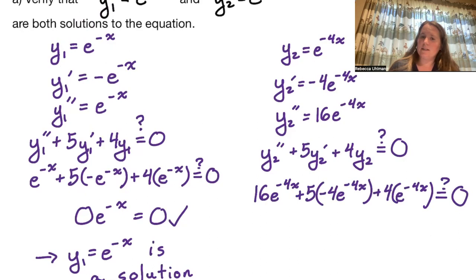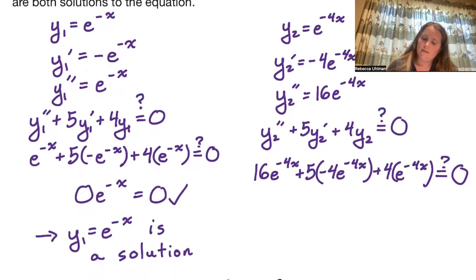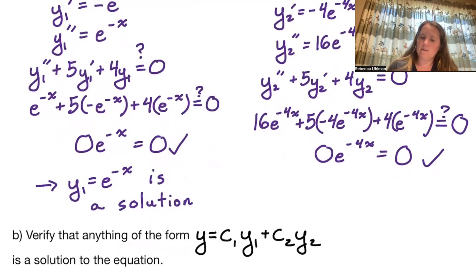So this becomes 16 minus 20 plus 4 times e to the negative 4x. So we just get 0 e to the negative 4x, which is indeed equal to 0. So we also have y2 equaling e to the negative 4x is a solution.